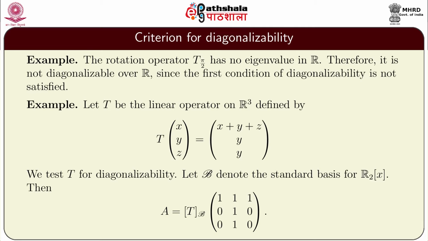So, n is 3 here because the vector space is R3, which is 3 dimensional over the real field, and rank we can compute either by converting the matrix into row reduced echelon form or by simple observation.